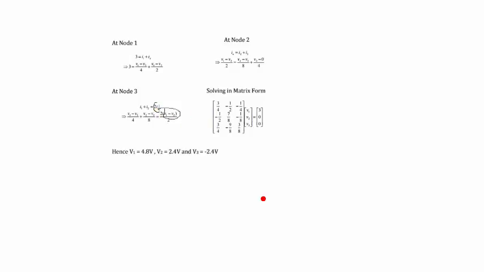If you go back and look at your example, the value of Ix from the original equation is given as V1 minus V2 over 2.